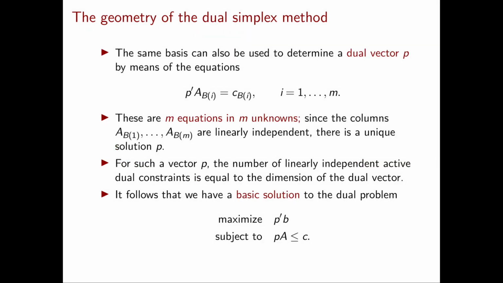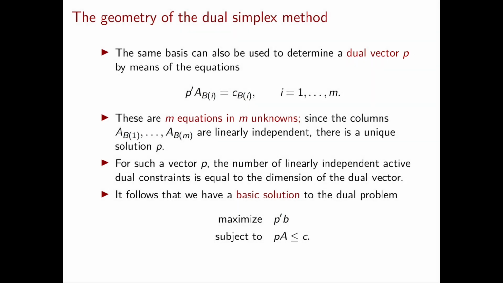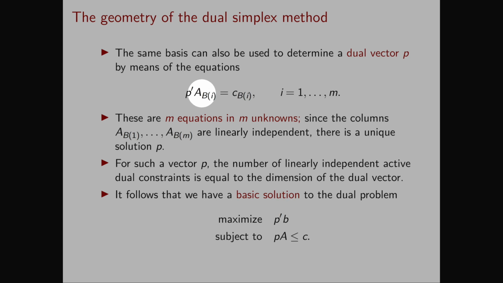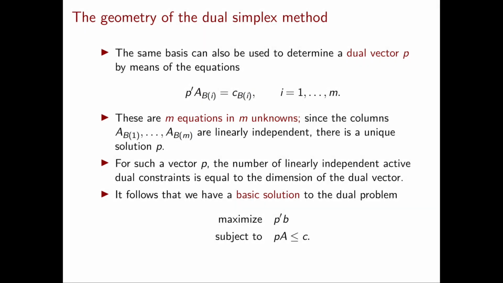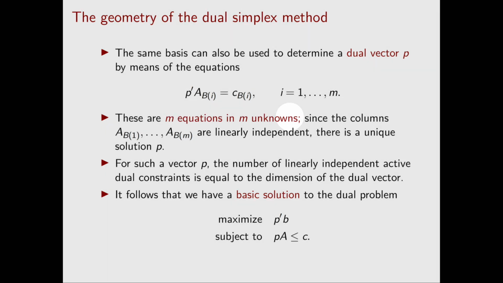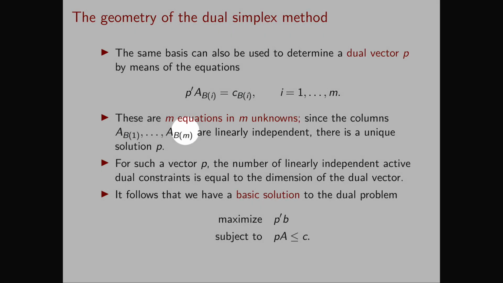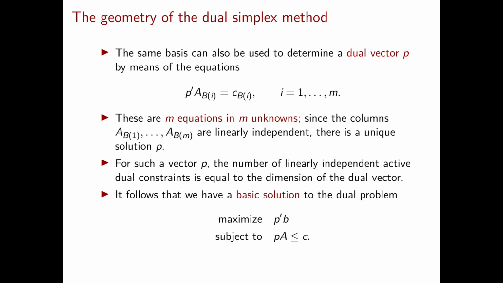We also know that the same basis can be used to determine a dual vector p. This can be done by looking at the equality constraints p transposed A_B(i) equal to c_B(i) for every i from 1 to m. So these are a total number of m equations in m unknowns, because our vector p has m entries. Since the columns A_B(1), ..., A_B(m) are linearly independent, this system has a unique solution that we call p.